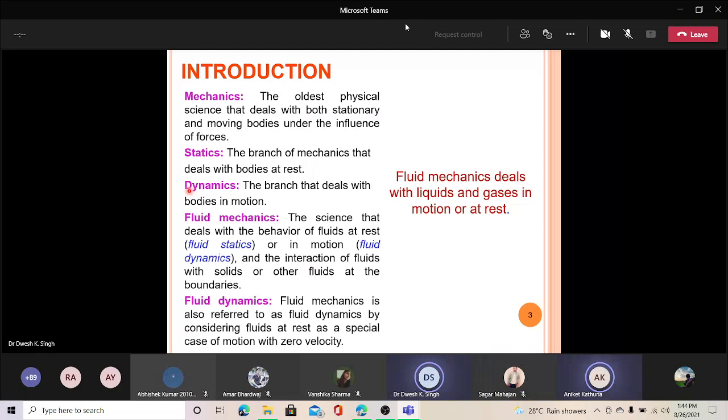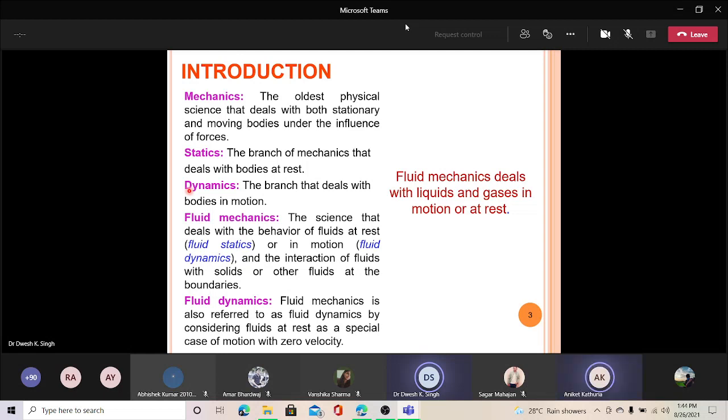Let us complete the parts. Don't be very anxious at this time. What you are saying is a very different condition. If your body is moving, what is your reference point?